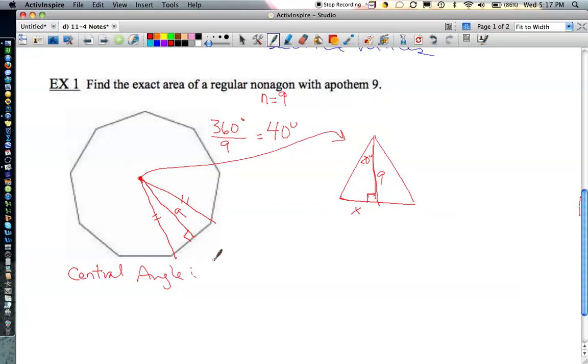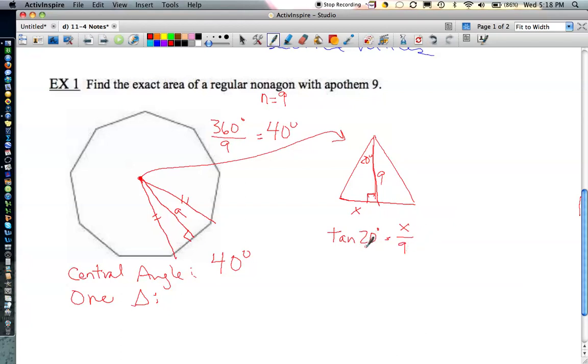The central angle is 40 degrees. And now we want to find the area of one triangle. You have a nice clean sheet of this. You don't have to be looking at my messy handwriting here. So to find the area of one triangle, we would have to find x first. So to find x, we do the tan of 20 equals the ratio of the opposite side over the adjacent side.